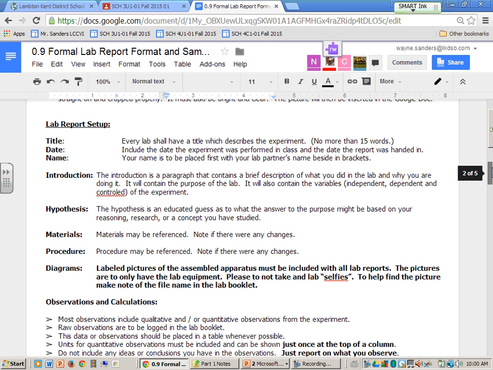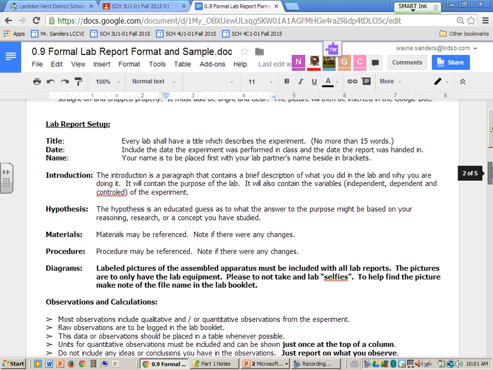All right? In our Bunsen burner lab that we're going to do, one of the purposes is to locate the hottest part of the flame. We're going to take a paper clip that we've unraveled, stick it in various parts of the flame, and see where it indicates to us where the hottest part is. So in the introduction, you will tell me what the purpose was.